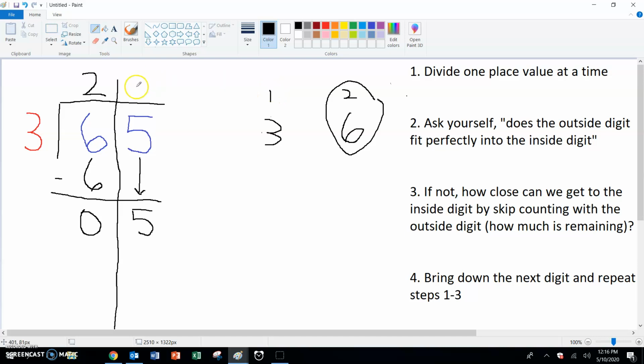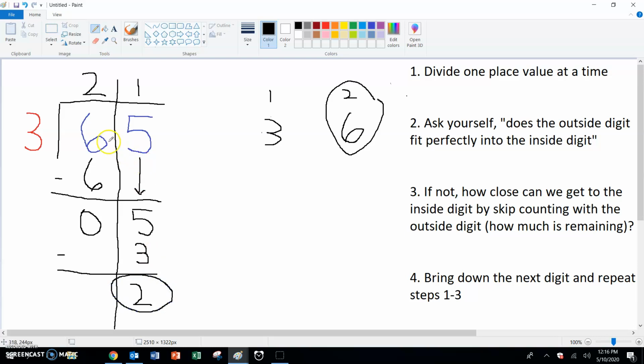Remember, the group goes on top, 1, and how close to 5 we get, 3 goes on the bottom. And then we ask ourselves, is there anything remaining? We can find this out by taking 5 and subtracting 3. And we see, 5 minus 3, that there is a remainder of 2.